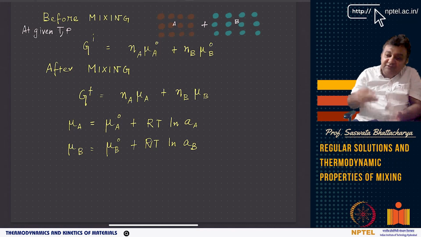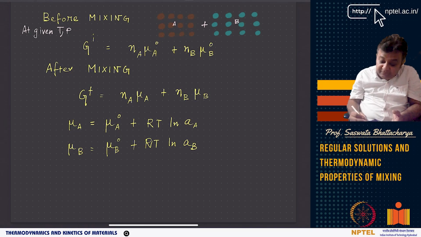That partition is impermeable to either A or B. Then Gi, the total free energy of the mixture, will be Na mu A 0 plus Nb mu B 0, where mu A 0 and mu B 0 are the partial molar free energies, or chemical potentials, of A and B in their pure state.